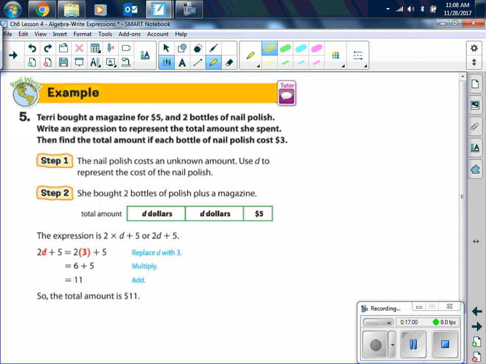The dollars, the cost of the nail polish, right? So we don't know the cost of the nail polish. Okay? So here they said D for dollars. And let's just write this how we've been writing it. So D equals cost of nail polish.